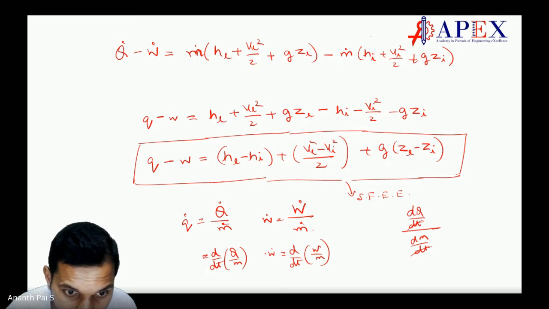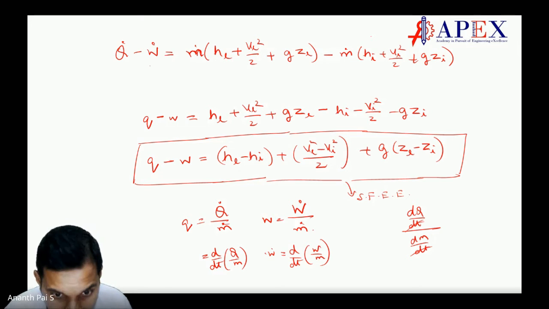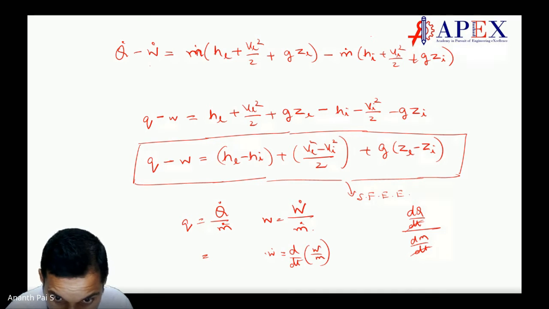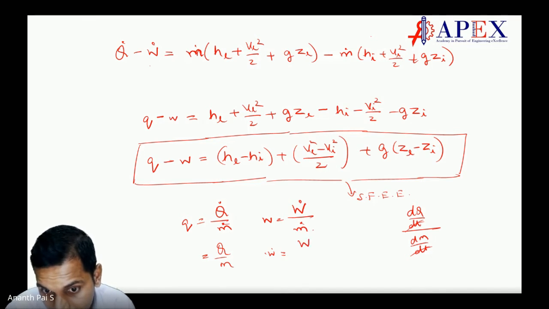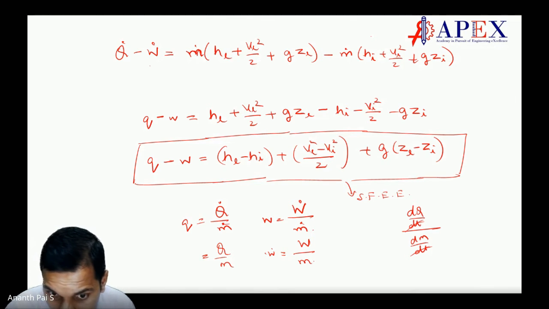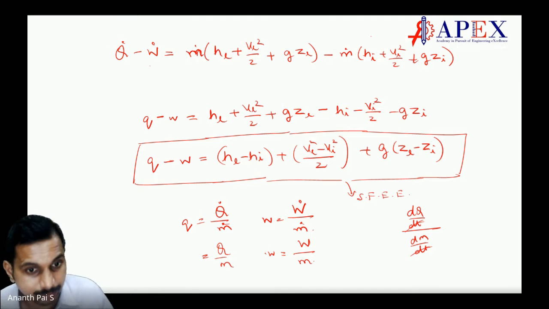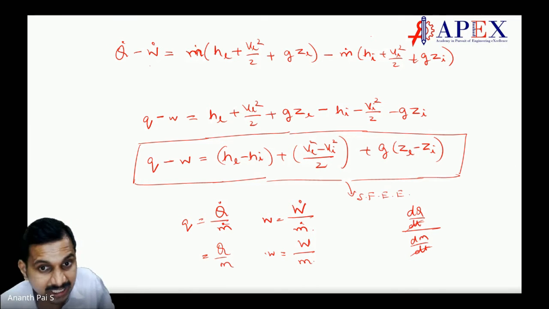Q is equal to Q dot by m dot, in which dt gets cancelled. That's a very good thing. I had not considered these things, students. When we discuss with the students, this is one of the things we get very much. We also learn by teaching. These are subtler aspects.